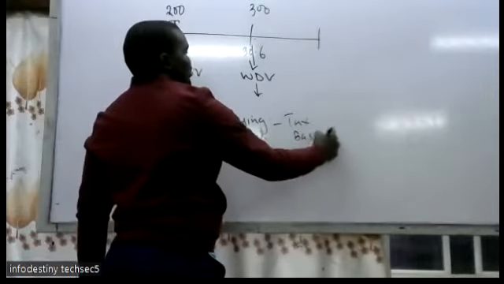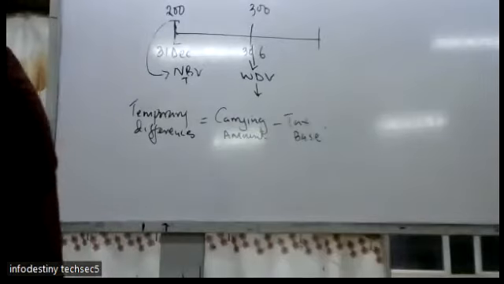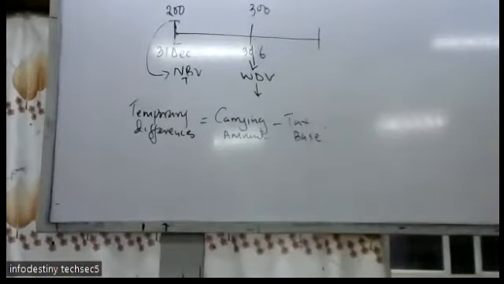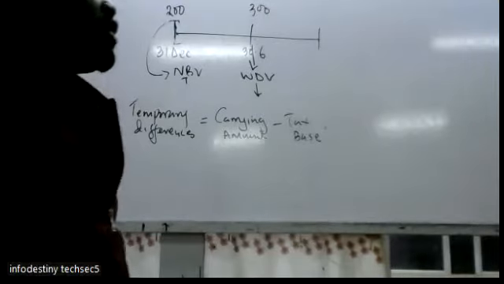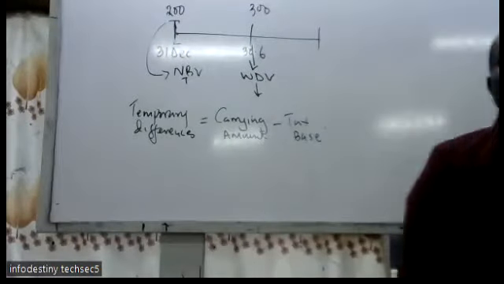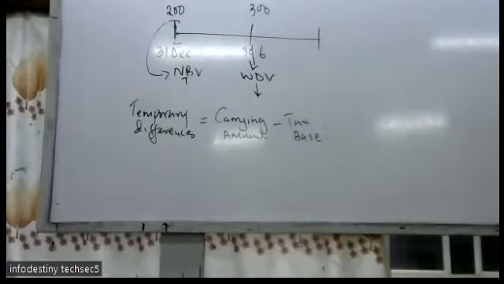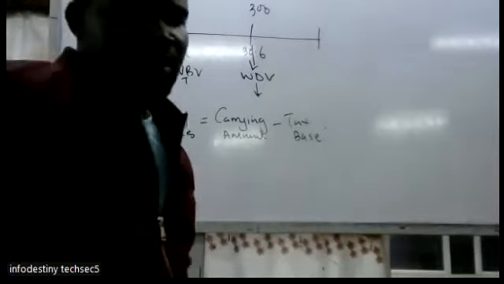Minus the tax base. From that definition, that is the temporary differences. It is the difference between the carrying amount of an asset or liability and its tax base. So the next question will be, what is carrying amount and what is tax base?